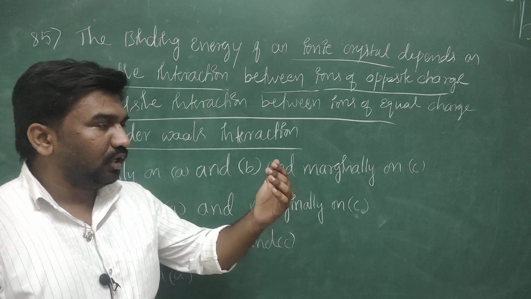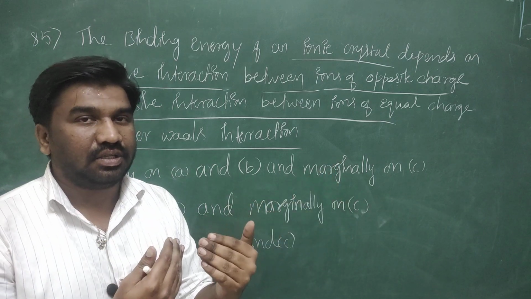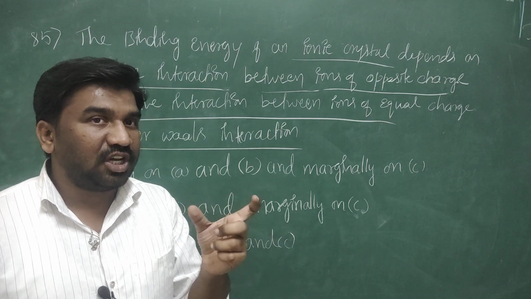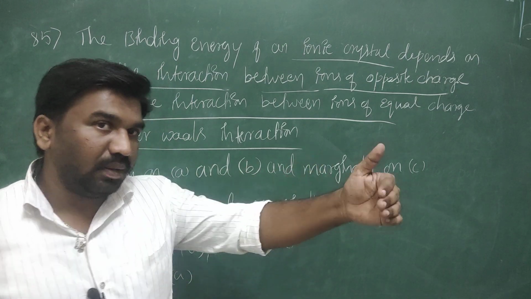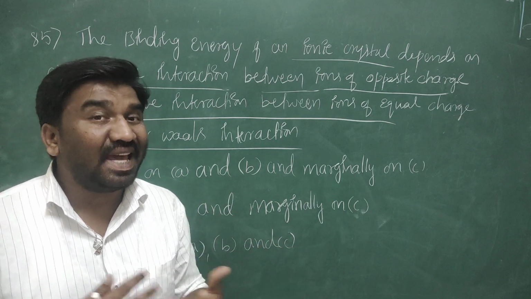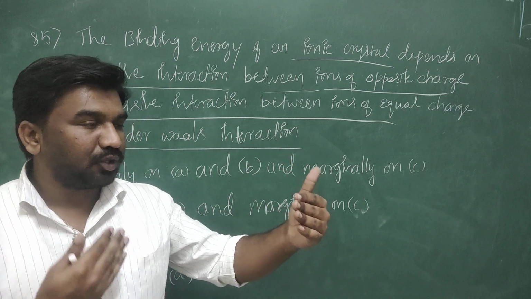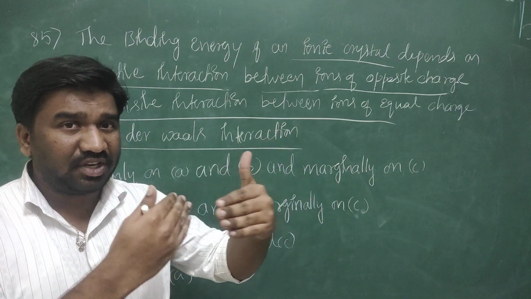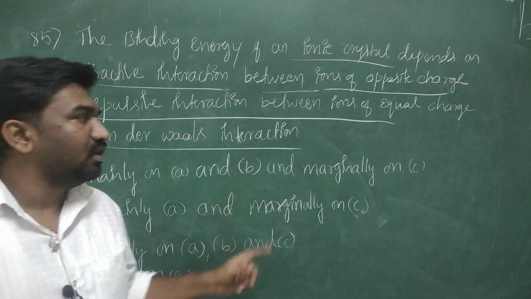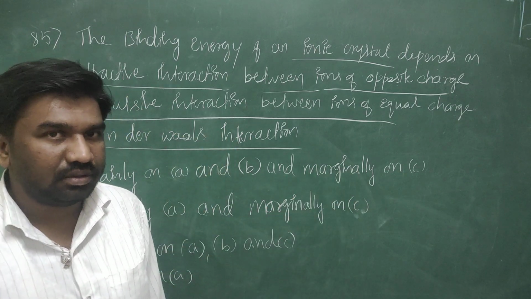We know that if two opposite charges are placed very near to each other, they attract, and if two charges of equal polarity are placed together, they repel. If you place unlike charges very close to each other, they attract very strongly, so mainly it depends on A and B, and marginally on C, the van der Waals interaction.